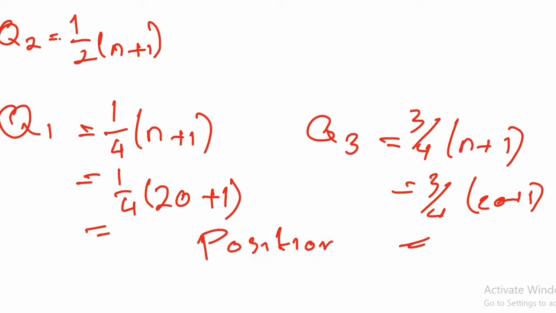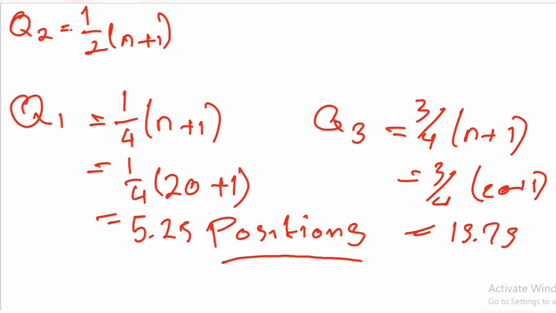They are going to direct you straight to where you are going. So the answer that you will get here is 5.25, and the answer that you will get here is 15.75. Now these are positions. These are not your actual answers.